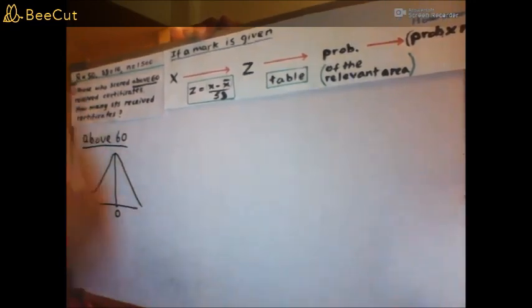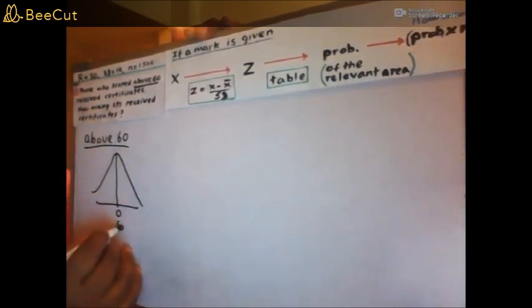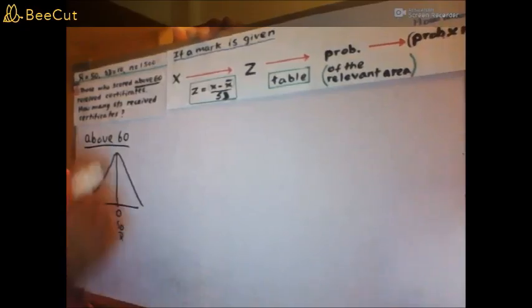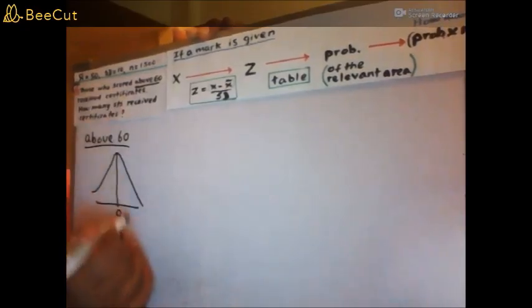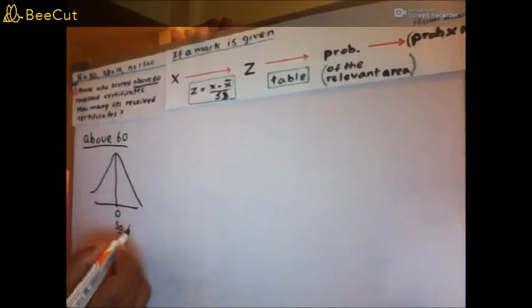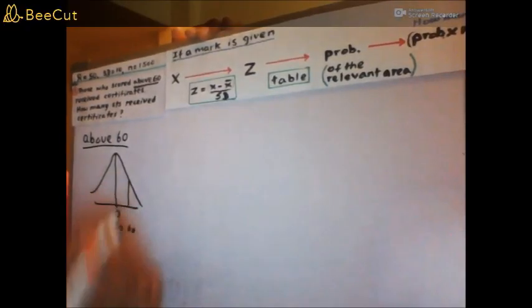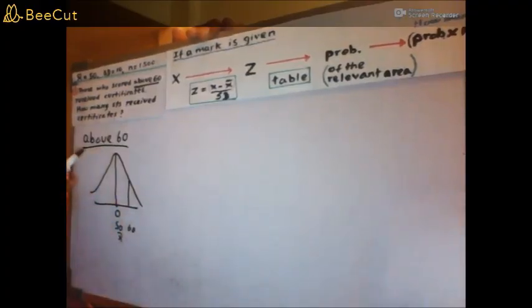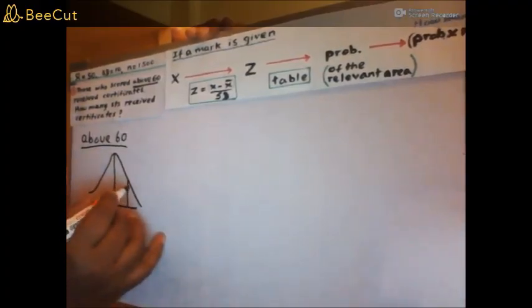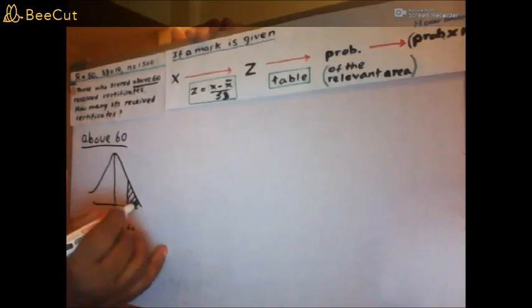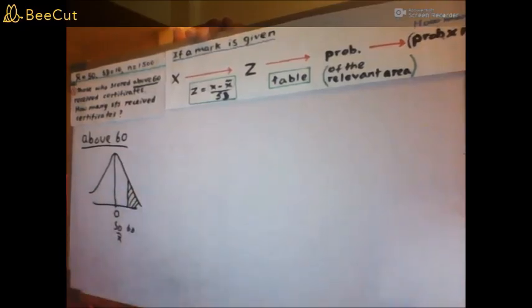What is our x bar? 50. And above 60. 60 is here. So draw a line and go to the condition above 60. So this is the one. We have shaded the area.